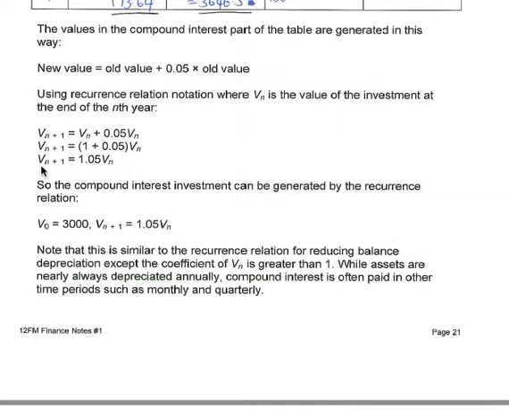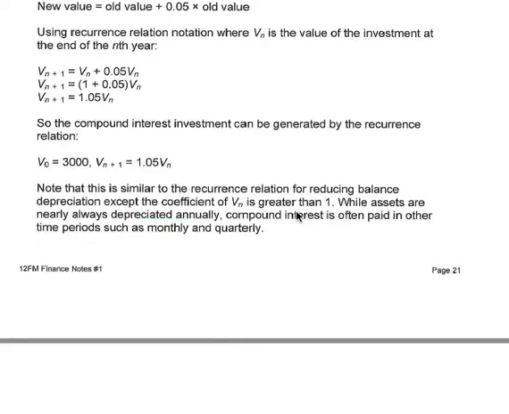To find your general rule, you have V(n+1), the year you're looking for, is 1.05 times V(n), because it's 5% more than the year before. So here's our recurrence relation: V0, the initial value, is 3,000, and the years after it will be 1.05 Vn, of whatever value was the year before.